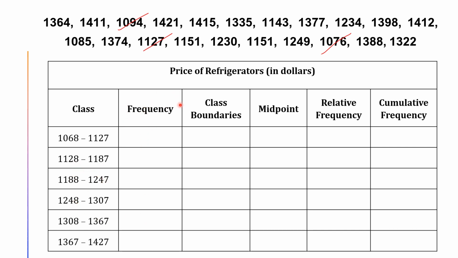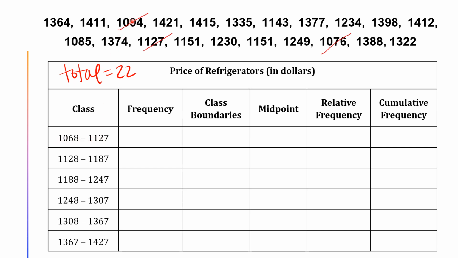All right, so for our frequency, we'll go ahead and write over before I forget that the total number of refrigerators was 22. So for frequency, we're just counting up how many refrigerators fell into that range. You can see I've already got the first ones marked out. So how many refrigerators were between 1,068 and 1,127?